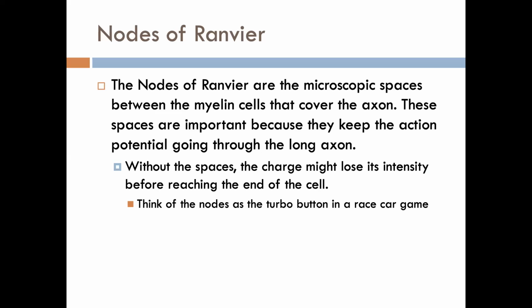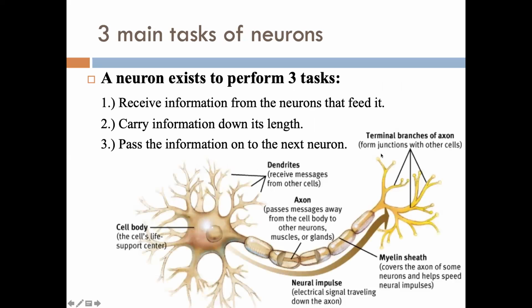I had the axon terminals here. All right, so the last part of the neuron that I want you guys to know is really just the axon terminals. The terminal branches that really branch off the axon.